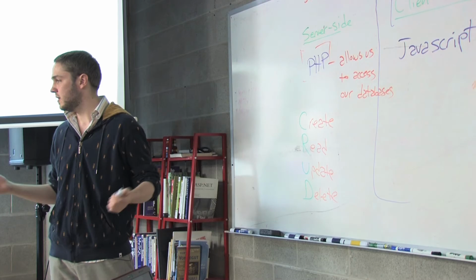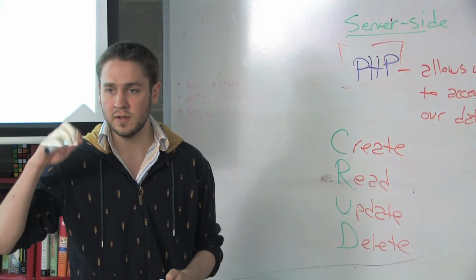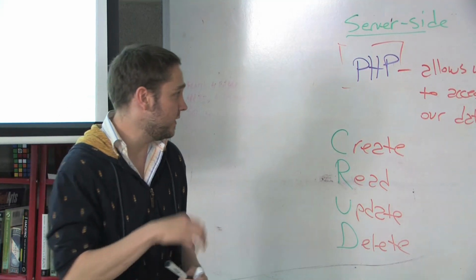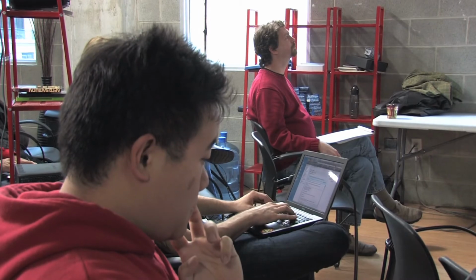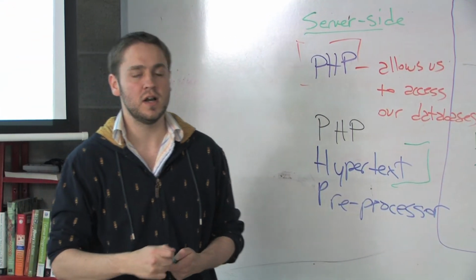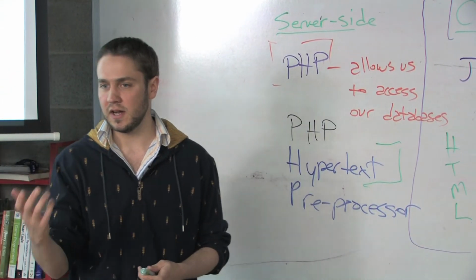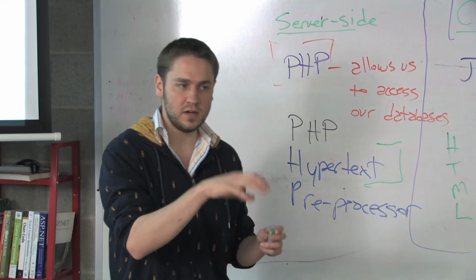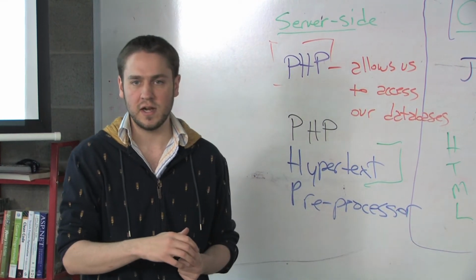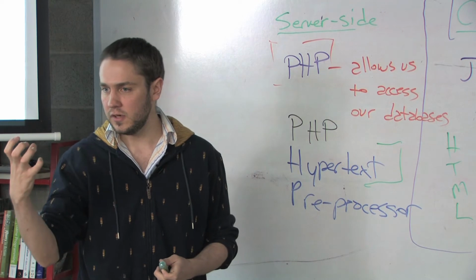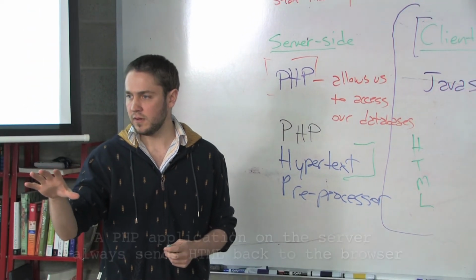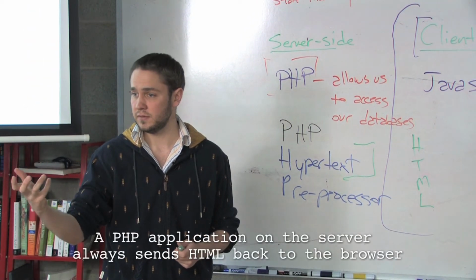Same thing goes for Twitter, right? Create, read, update, delete. It's the same. Those are kind of like the four foundations. And one way of looking at it, and this might be a bit too broad of a generalization, but the way you can think of PHP is that it does all that server and database interaction, but the final output of PHP for our web development purposes is always HTML, right?